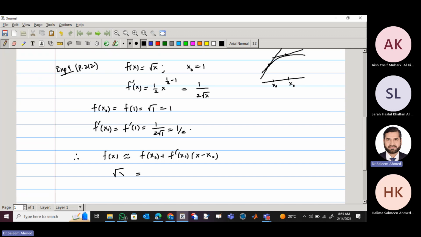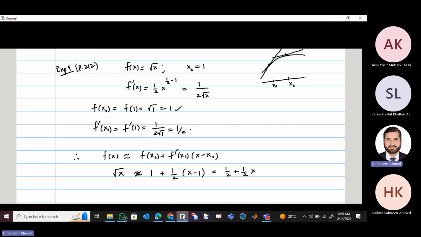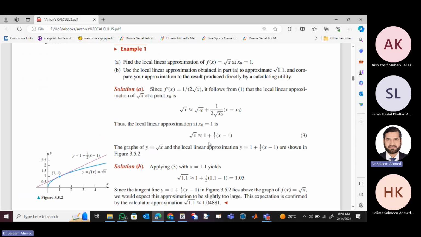Square root of x is approximately equal to f of x naught, which I calculated as 1, plus f prime, which is 1/2, times (x minus x naught, which is 1). So you can simplify the right hand side. It will become 1 plus half x minus half, so it will become half plus half x. So this is what you got, right? Half plus half x. So that is the local linear approximation.